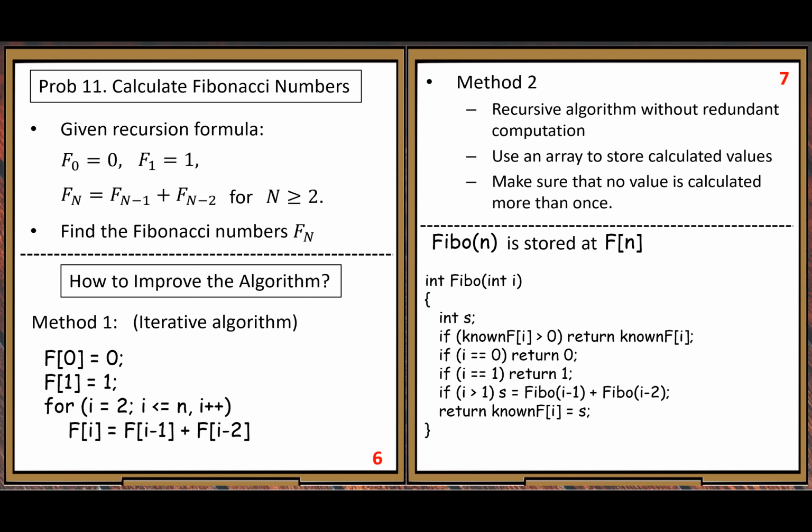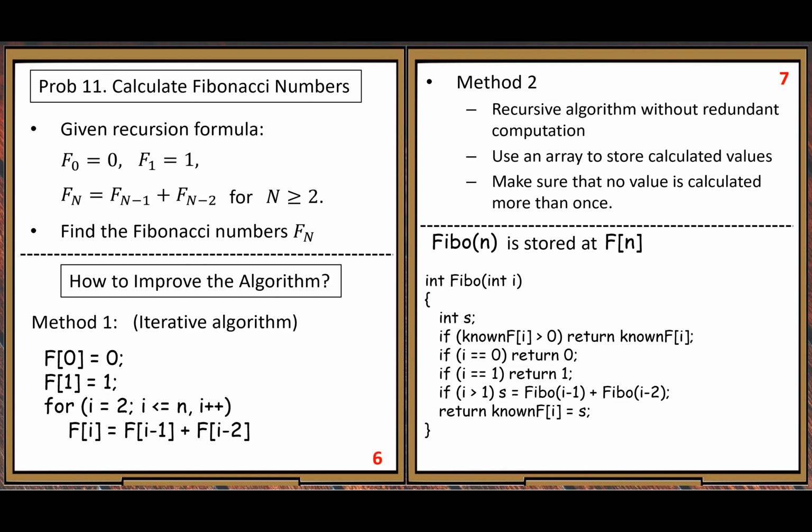Initially, this known F array has all elements 0. Now, you still run the recursive function code, but when you do it, just do one special step.